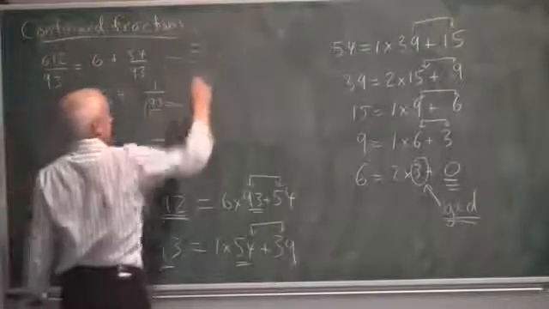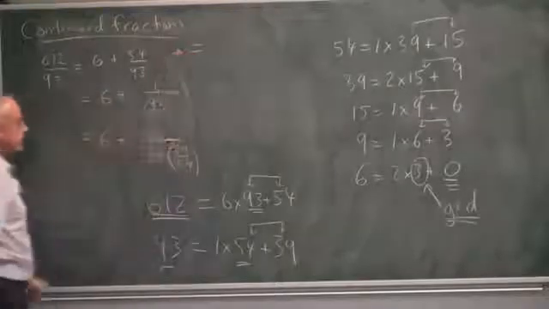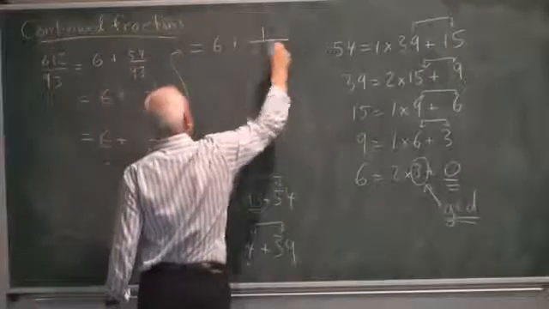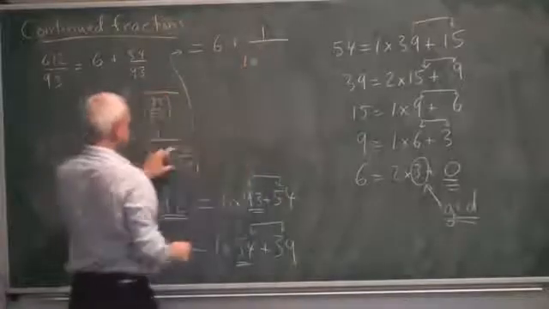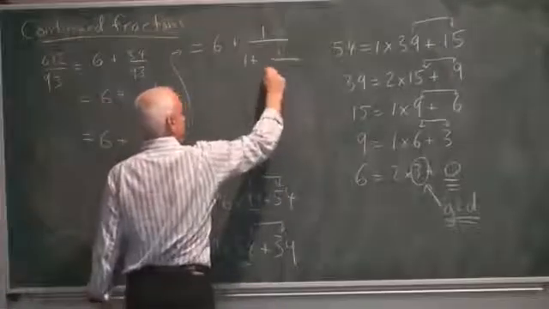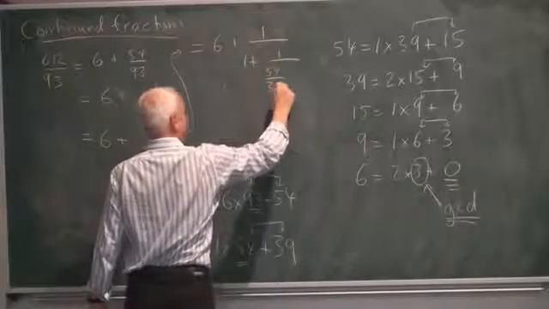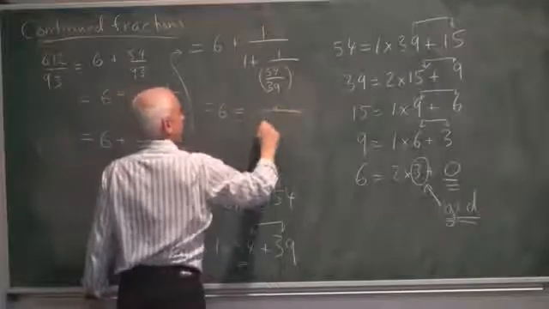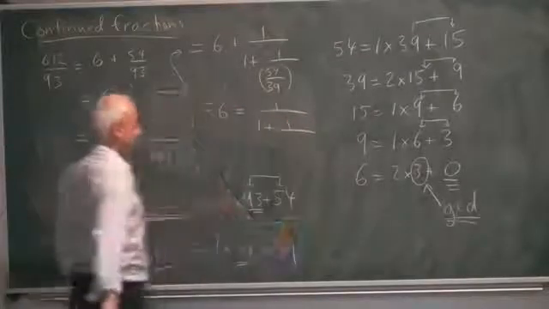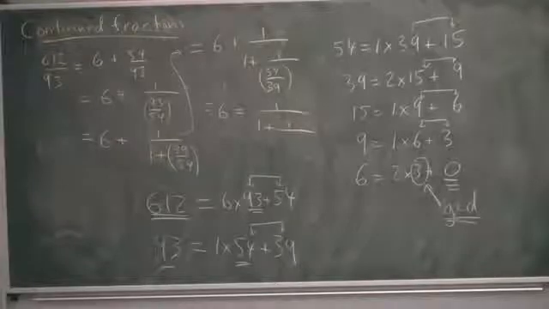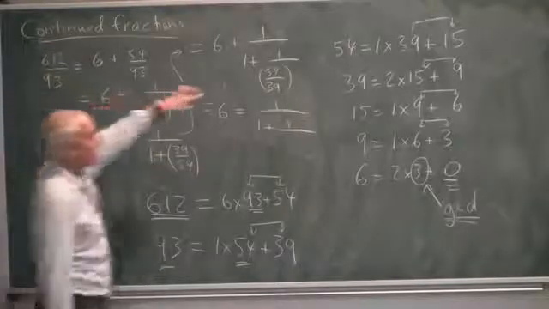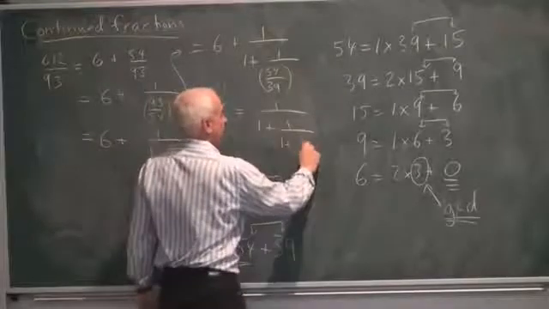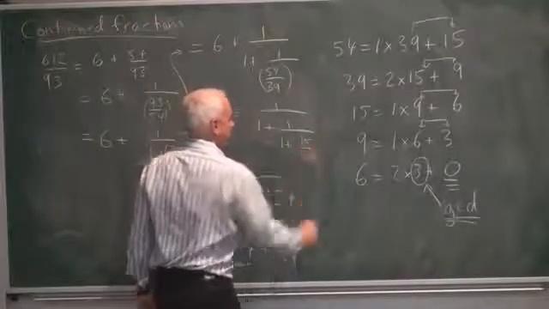Okay, what would the next step be? So I'll go up here. It would be 6 plus 1 over 1 plus, flipping this over, 1 over 54 divided by 39. And then that would be 6 plus 1 over 1 plus 1 over, what's 54 over 39? According to this, it's 1 plus 15 over 39.